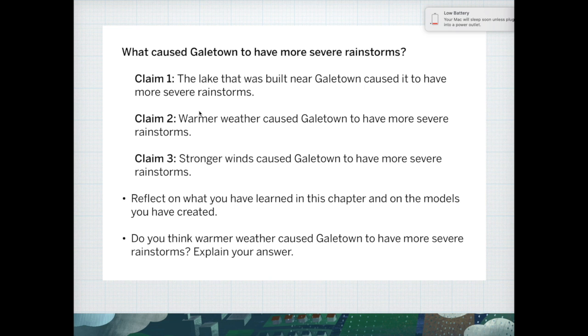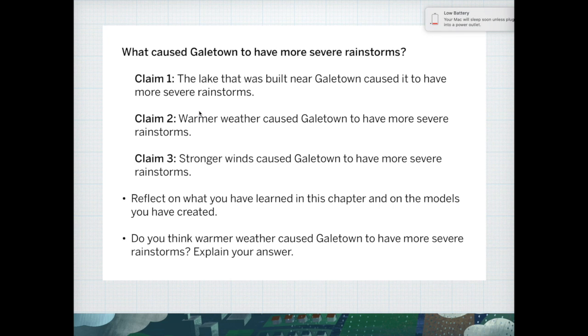And at this point, you might be able to put more than one claim together. You might want to use both Claim 1 and 2 to explain why Galetown has more severe rainstorms. And during the assignment, make sure you use the vocabulary words listed in the assignment. Thanks, guys.